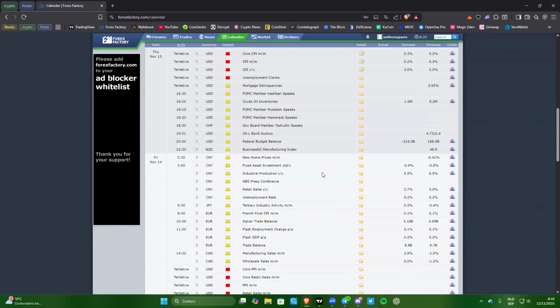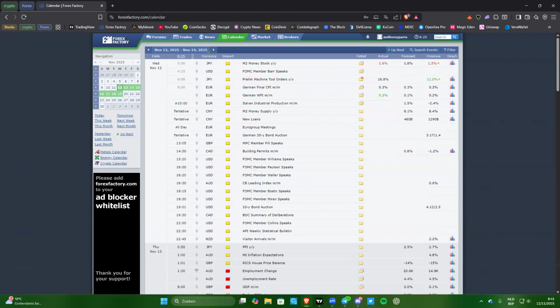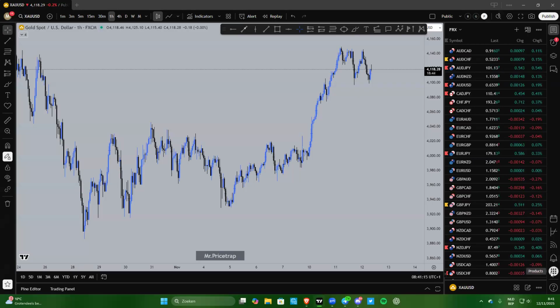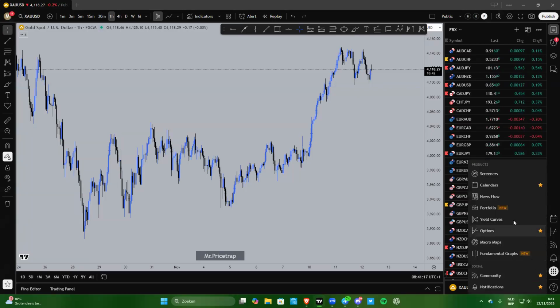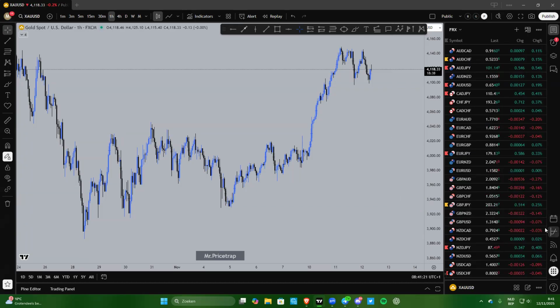What I want to show you for the news. If you want to double check, because sometimes Forex Factory, I've seen the last couple of weeks, they just miss out on certain news events. So if you want to double check that, you can basically just use investing.com, or you can use TradingView. So if you go to these products here, you can put on your calendars with this little star, and it will come next to all the other stuff you're using.